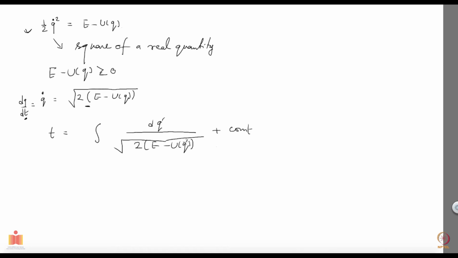Now if this provides a solution, I can know where the particle is. But before I say that, let's look at the following. You expect two constants of integration because your system is really described by Euler-Lagrange equations, which are second order differential equations.